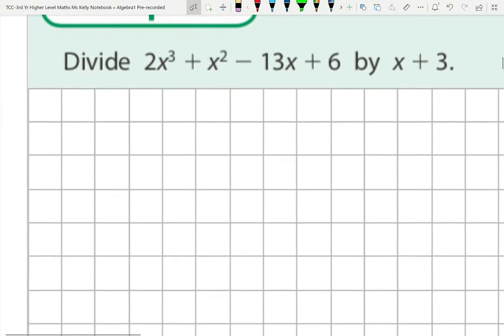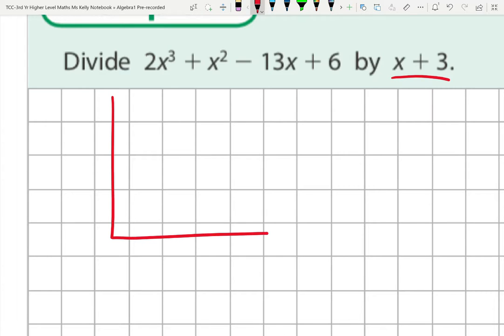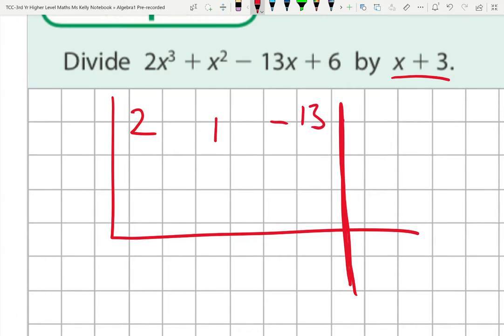But a shortcut for long division in certain cases is synthetic division, which I'm going to show you here. You draw a big huge 4, which isn't a 4 at all, and you write the coefficients here, if it's cubic, the last one here. And you set this to naught, so you convert the factor into a root.